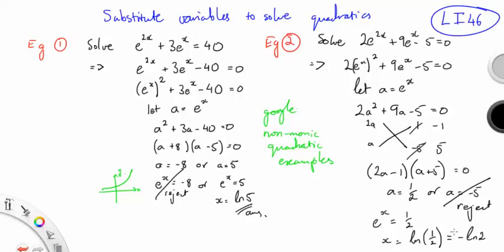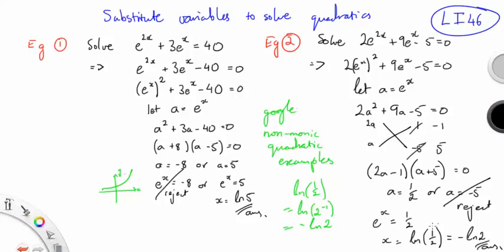If you're unsure about that step, look up your index laws, or you can watch this green writing, how I got from there to there. The natural log of a half equals the natural log of 2 to the negative 1, and because it's a logarithm, you can take the negative out the front. That's another way it occurs. So that's your answer there.